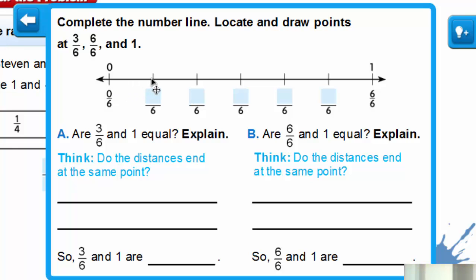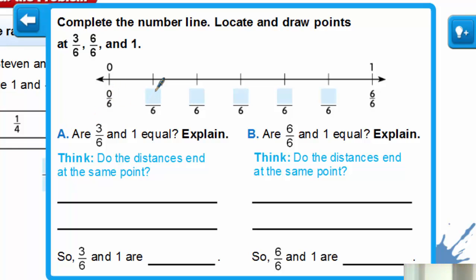This is 1 space, 2, 3, 4, 5, 6. So we have 6 equal spaces, so it is divided into sixths.